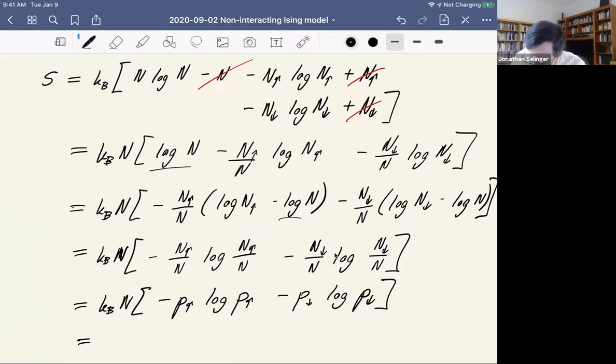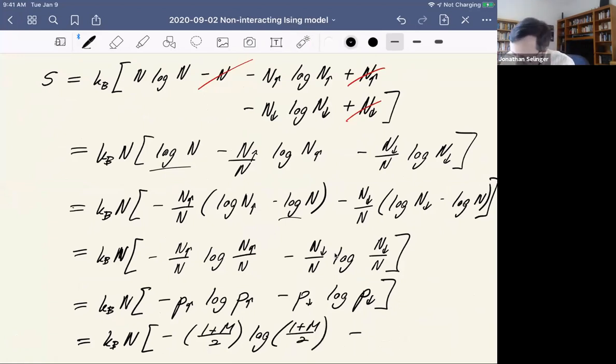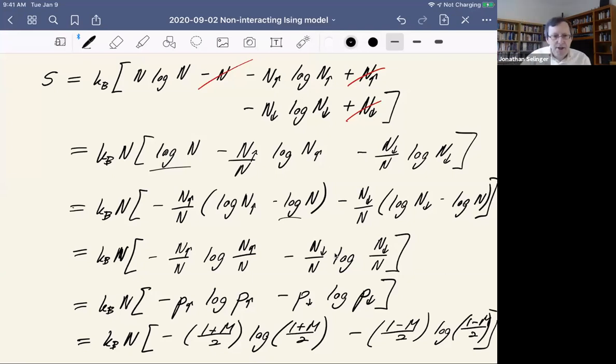I guess this is the definition of Shannon entropy, right? And that's right. So minus 1 plus m over 2 log 1 plus m over 2, and then minus the same thing, 1 minus m over 2 log 1 minus m over 2. Yeah, this is the same as the Shannon entropy, which is a concept in information theory.